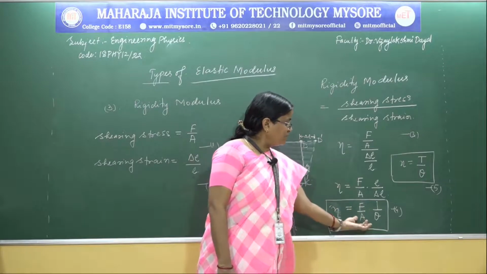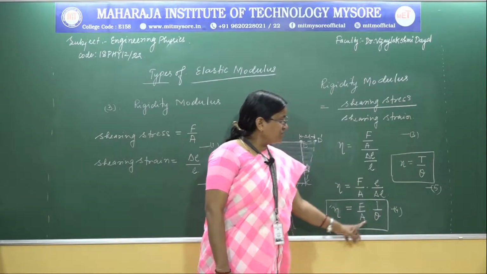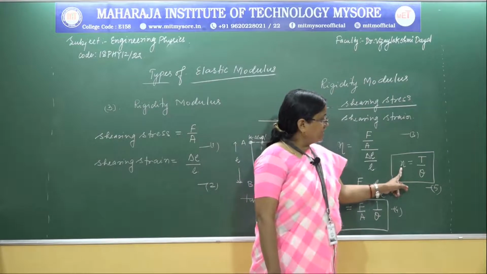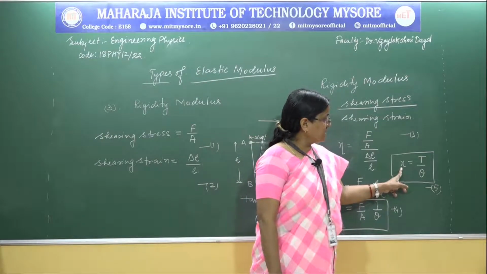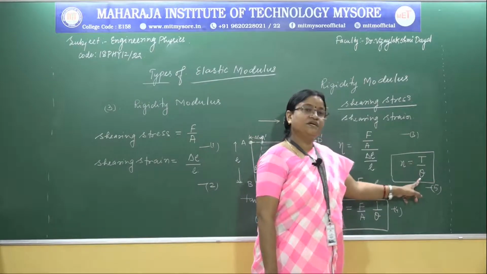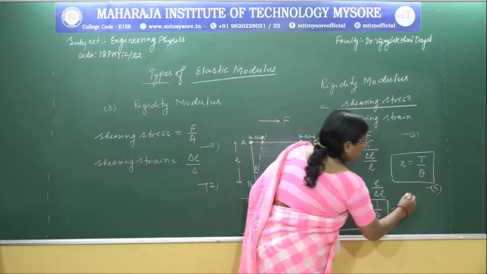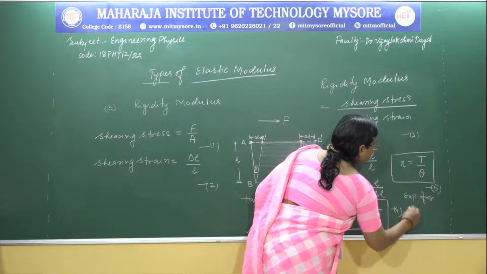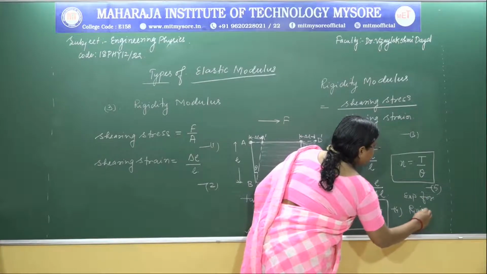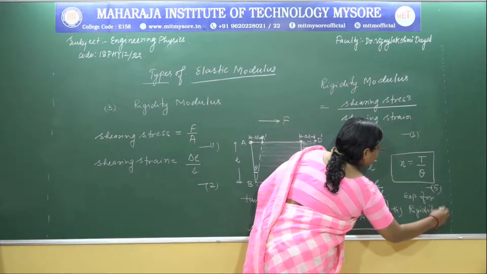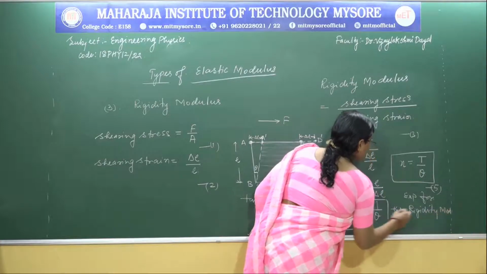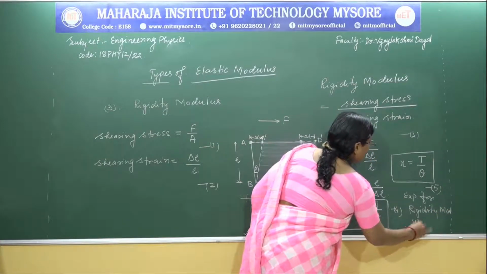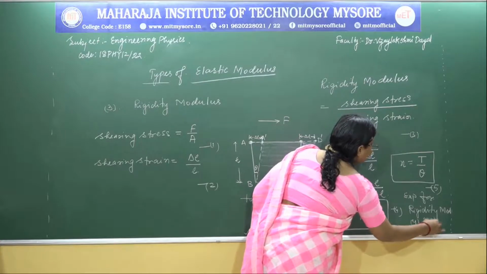And if we denote F by A as the tension produced in the body, then rigidity modulus eta will be equal to T by theta. The expression for rigidity modulus is given by both equation 4 and 5.